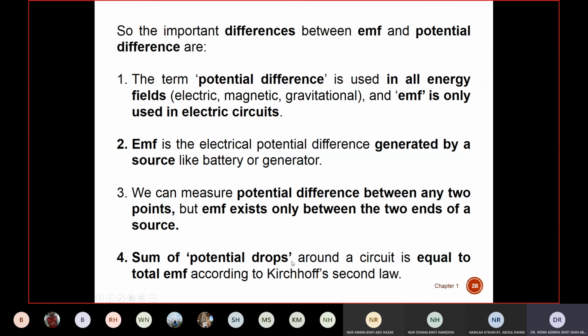The sum of potential drops around a circuit is equal to the total EMF. Let's say we have elements A, B, and C. So EMF is equal to VA plus VB plus VC.